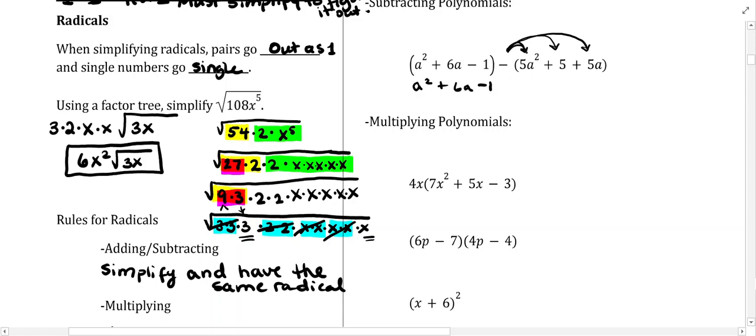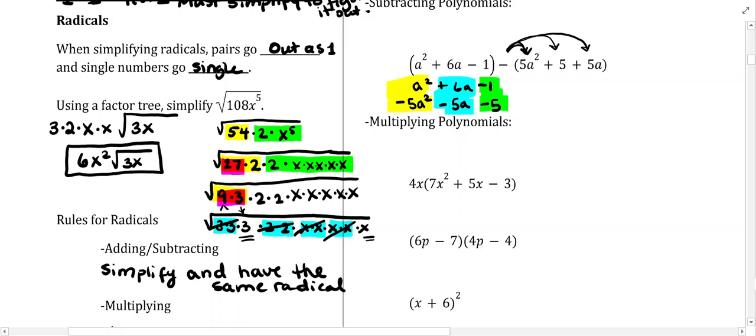We need to subtract 5a squared, we need to subtract 5, and then we need to subtract 5a. Notice I placed it underneath each of them in a stacking mode, so it's a little bit easier to combine like terms. So these are like terms, those are like terms, and these are like terms.